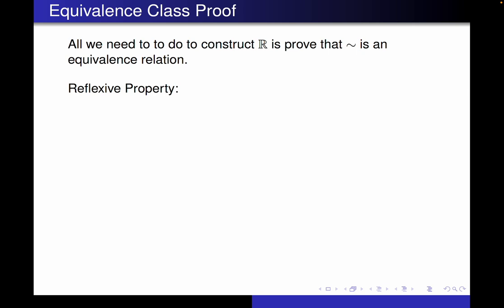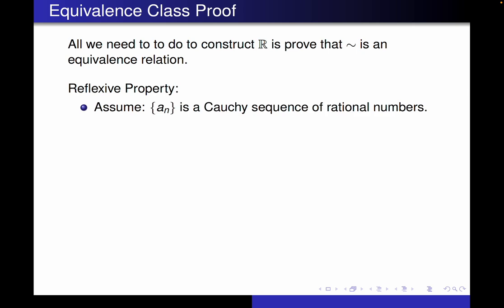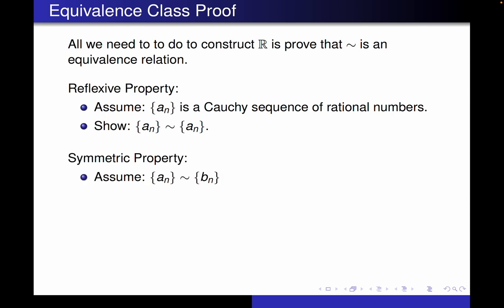We have to prove the reflexive property. In order to prove that, we have to assume that an is a Cauchy sequence of rational numbers, and then we're going to show that an is related to itself. Once you get it set up, it's going to be totally easy to prove that one. For the symmetric property, we're going to assume that an is related to bn. Then we have to show that bn is related to an.